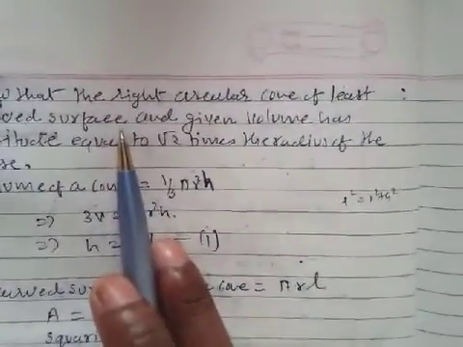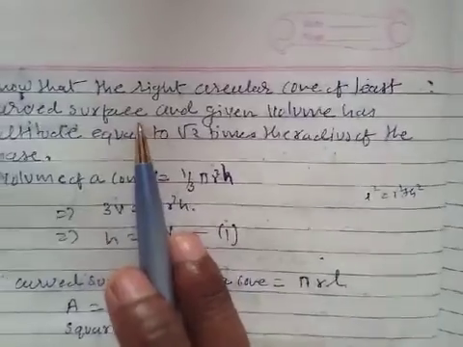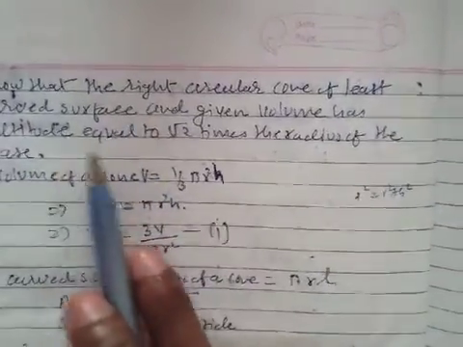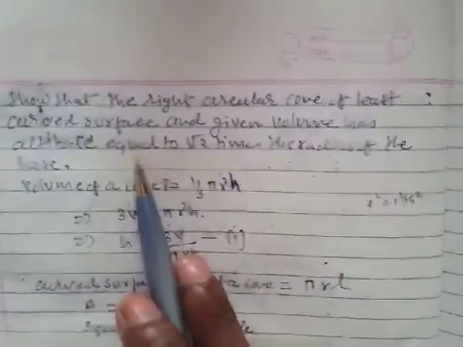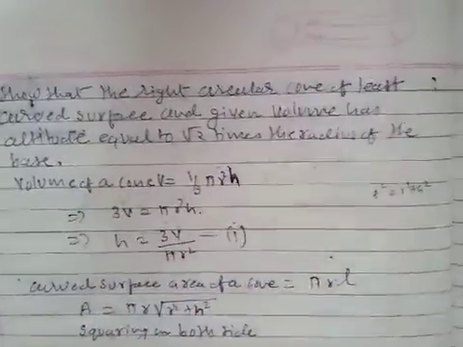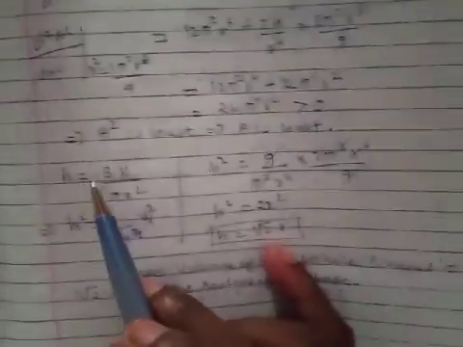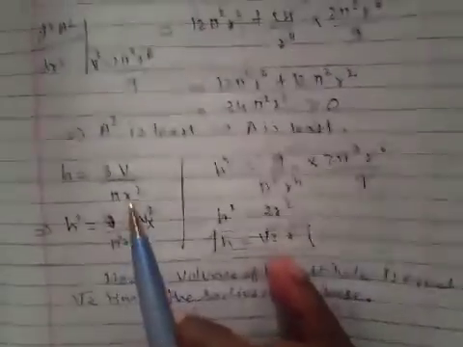It was given that the cone has least curved surface area. The second part is the altitude, that is h, root 2 times the radius of the base. From the first equation, h was 3v by pi r square.